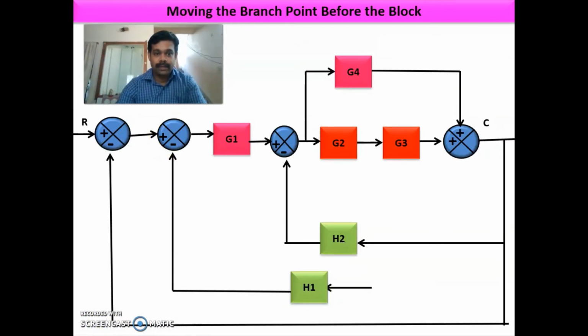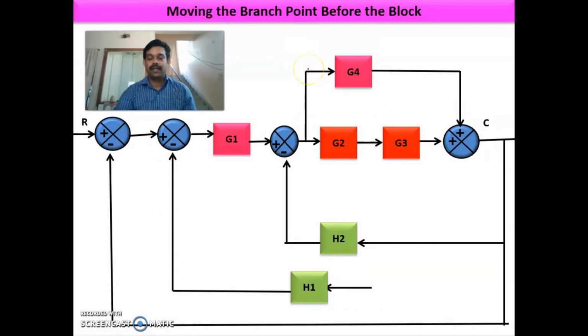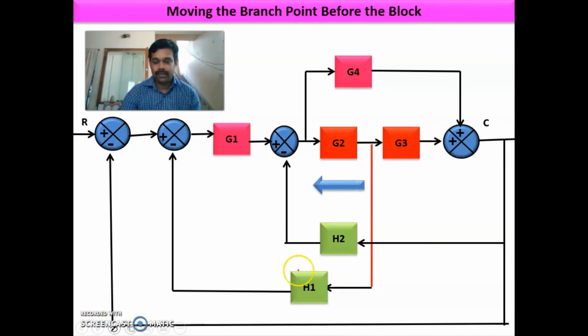So the step we are doing is moving the branch point before the block. This branch point we are going to move before this block G2.